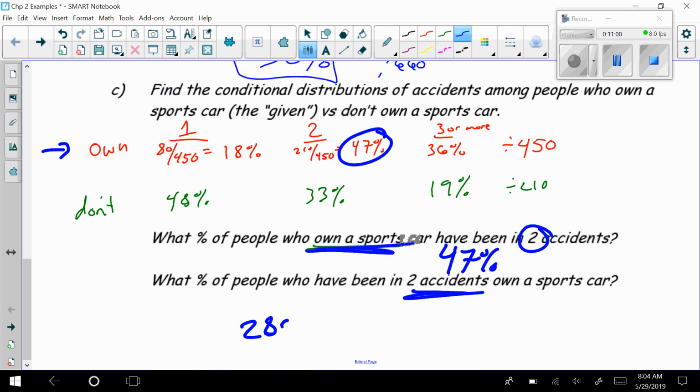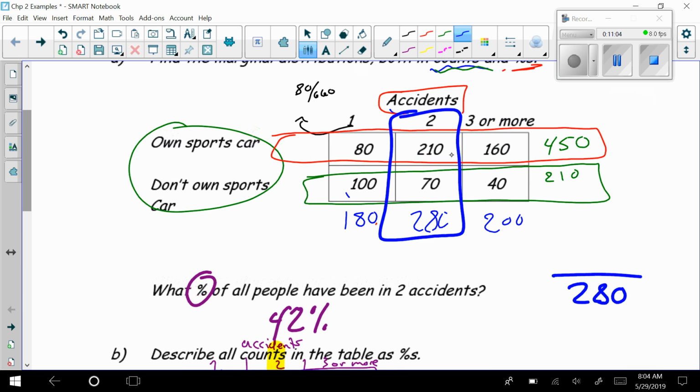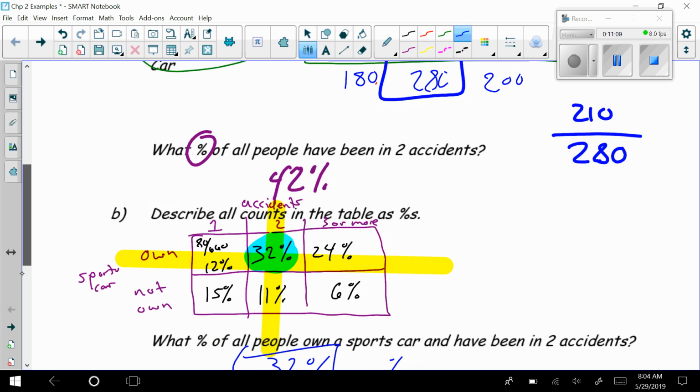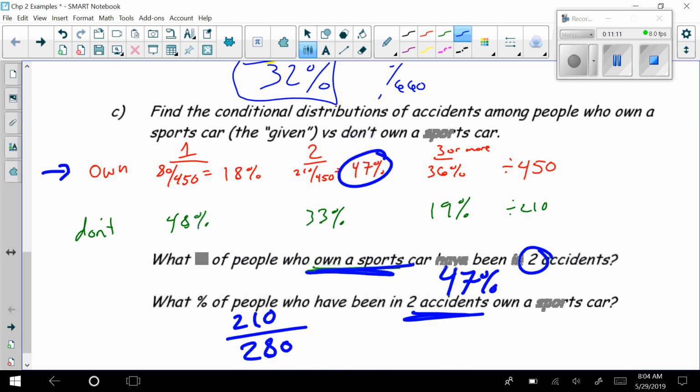How many people own a sports car that were in 2 accidents? That's 210 here. So it's 210 divided by 280, which comes out to be 75%. So those are definitely different questions. Much different questions. It's like if you walk through a doorway and hit your head: the probability of hitting your head given that you're walking through a doorway.